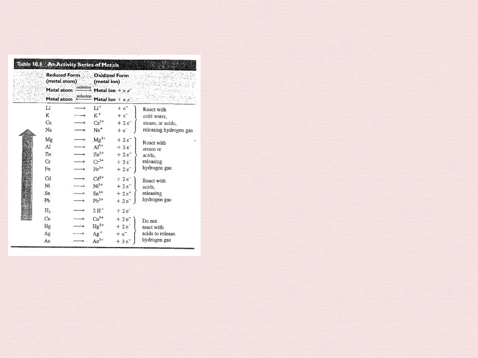A couple more examples to show you this. On your sheet, you have 2 questions that say, will these proceed? The first one is magnesium metal. If that was put into an iron 2 nitrate solution, and that's aqueous, the question is, will it proceed?